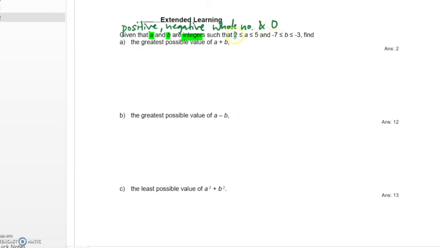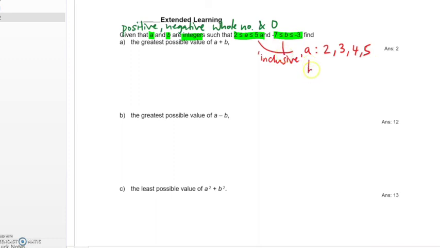And then the next two things, the two inequalities that they have given to us, give us a lot of restriction as to what A and B can be. So A is between 2 and 5, inclusive. Take note of that. That means A can possibly be 2, 3, 4, and 5.